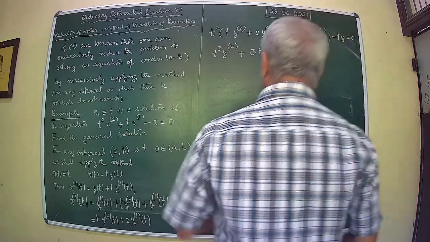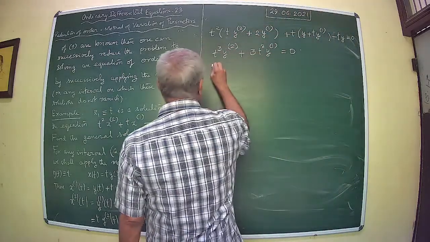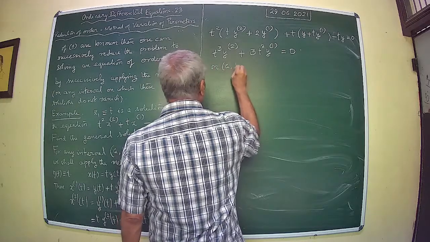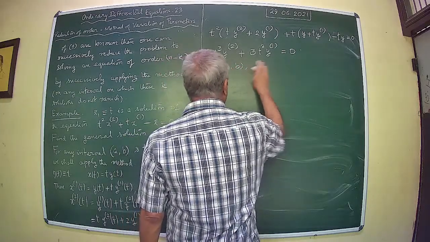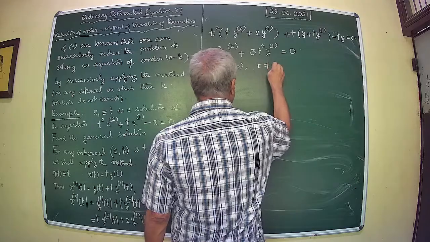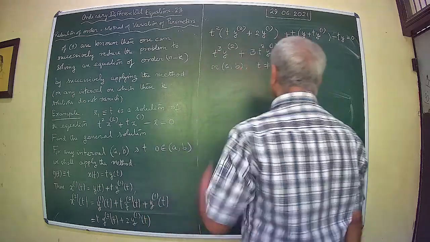So consequently, see on the interval t is not zero. Therefore, we can take it out.